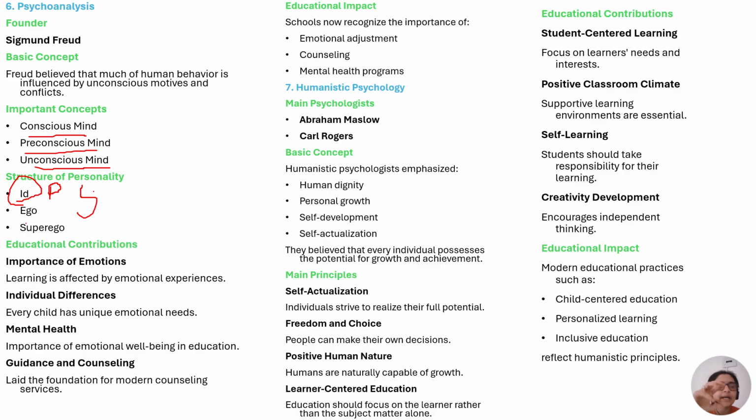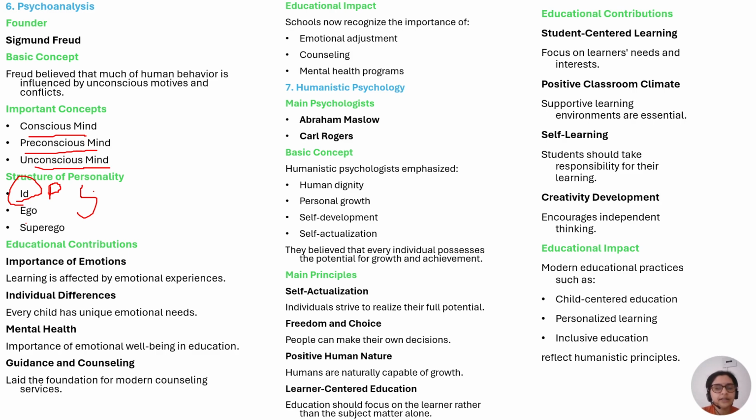So, the id is the pleasure principle, the fulfillment of immediate desires. The ego is I am first, I am great. What is the superego? Superego is adjusting to or internalizing the rules set by society.